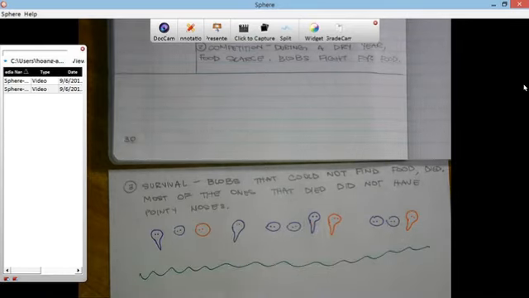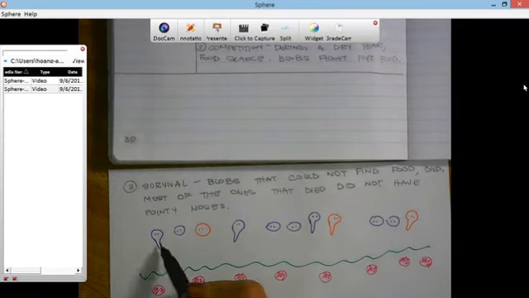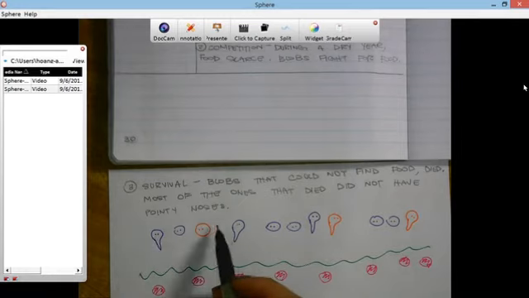So because this food source was on the ground, the blobs with the pointy noses were able to pierce this food and eat it. The ones without the pointy noses could not pierce the food and were not able to eat the food.